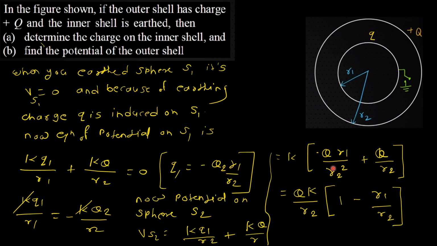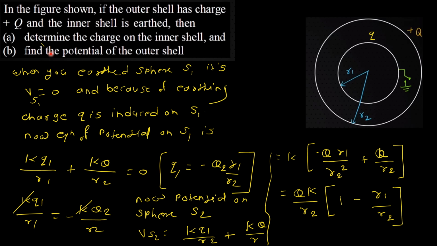Now you can take Q as common and 1/r2 as common. Here the minus sign is there, so 1 is there plus 1 minus r1/r2 will remain when you take 1/r2 common. So 1/r2 is taken common, Q/r2 is taken common, so plus 1 minus r1/r2 is the answer.